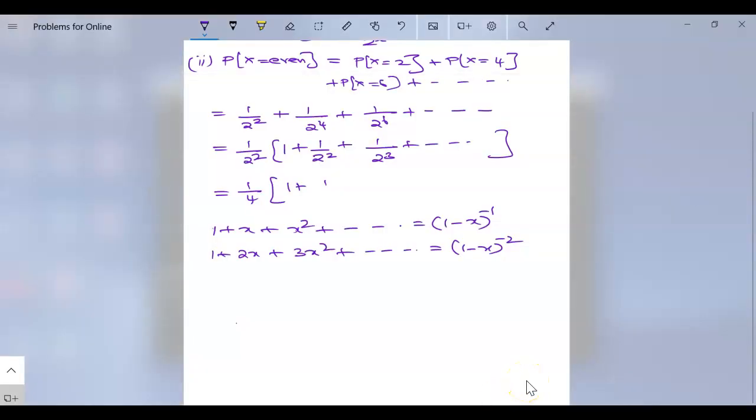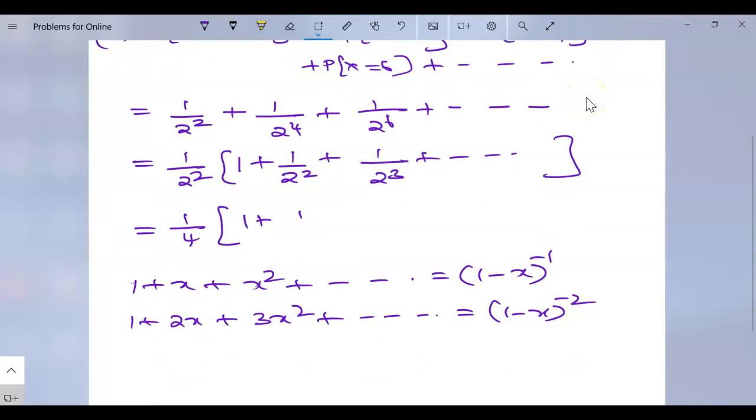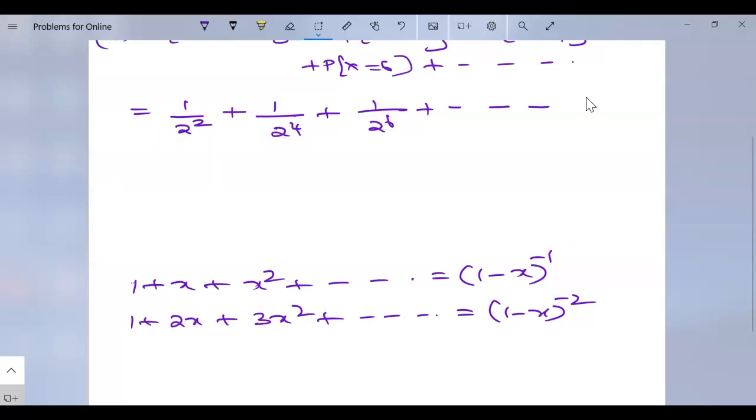Okay, so what we will do here is, instead of taking 1 by 2 squared and all those things, there is some convenient way. What we could have done is make it fit one of the series like this. Okay, one of the series means the series which I have mentioned here, 1 plus x plus x squared.